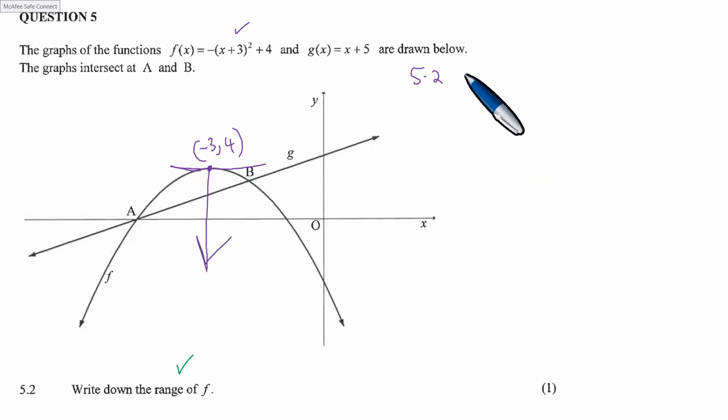So the range is y going down. How do you say going down? You say y is less than or equal to the y value there, which is exactly 4.